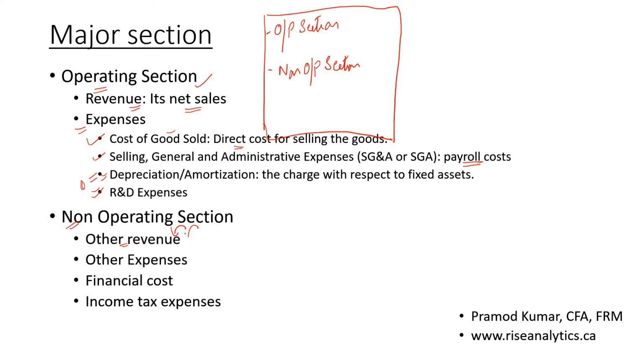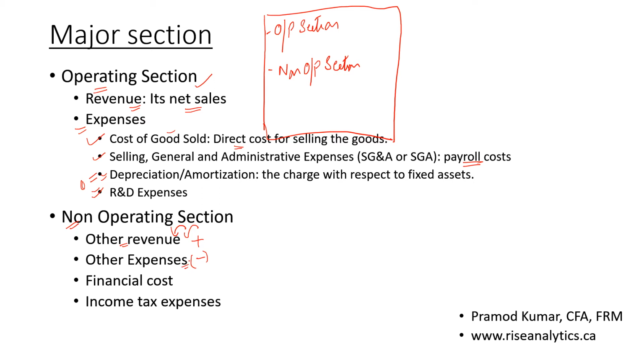But if they are generating anything from non-primary sources, not by selling the iPhone or other products, they can have income, and they can also have expenses.